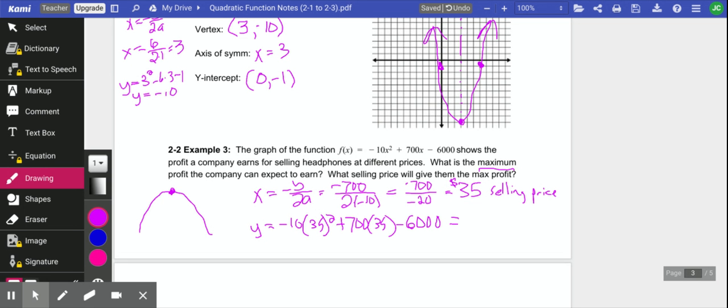And that's going to give us our maximum profit. Now, I actually do need a calculator for this because I can't do this in my head. So you're going to pull out your calculator and do negative 10 times 35 squared plus 700 times 35 minus 6,000. All right, and our maximum profit is $6,250 profit.